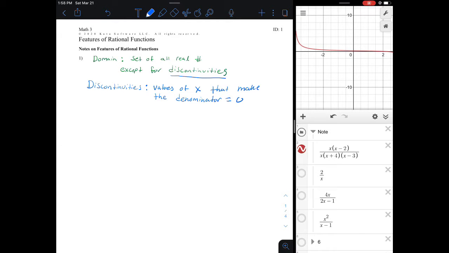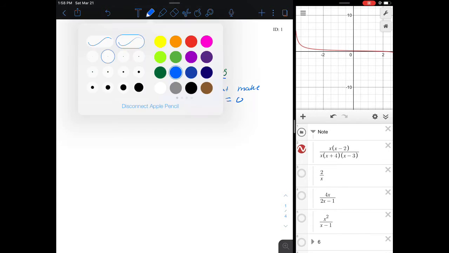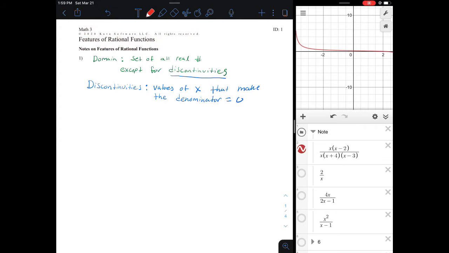There are 2 types of discontinuities. There are vertical asymptotes, and there are what are called holes. Now, a vertical asymptote is an x value that only makes the denominator 0.